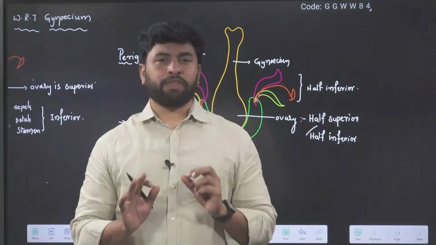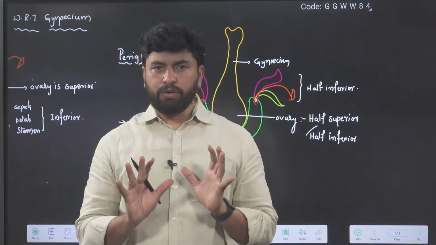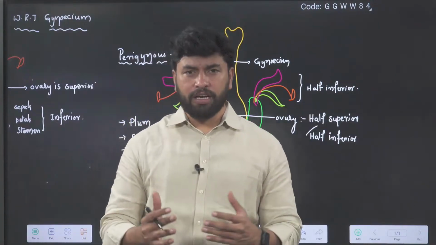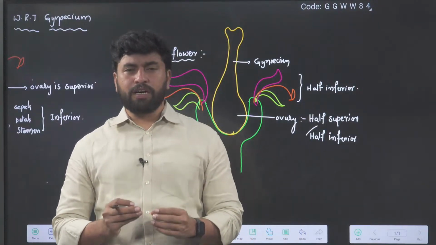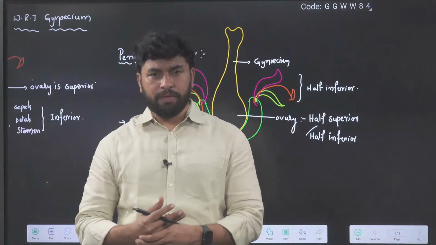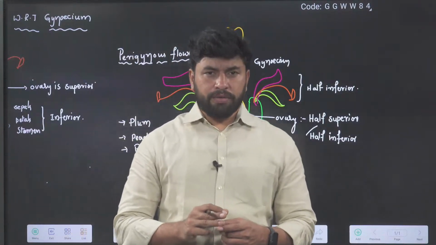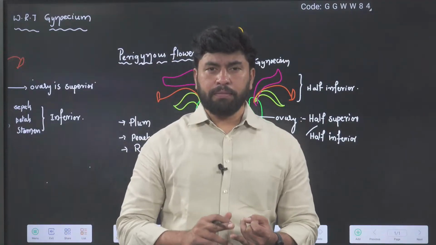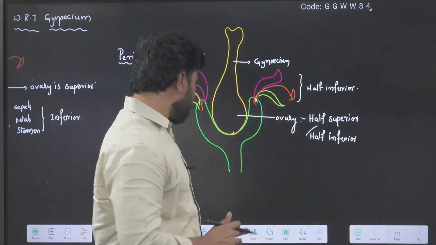That's why be careful. Confine yourself to those examples which are present in our NCERT book. Then recall the examples given for hypogynous flower: China rose, mustard, brinjal. Perigynous flower: plum, peach, rose.